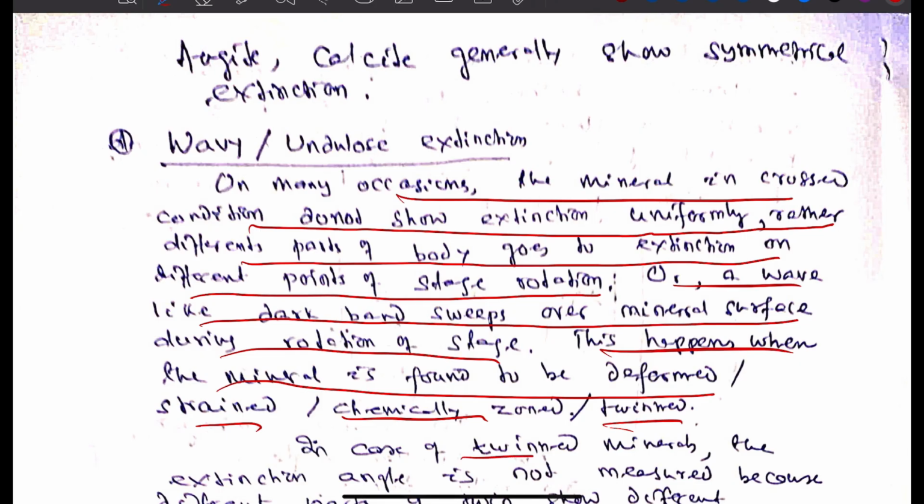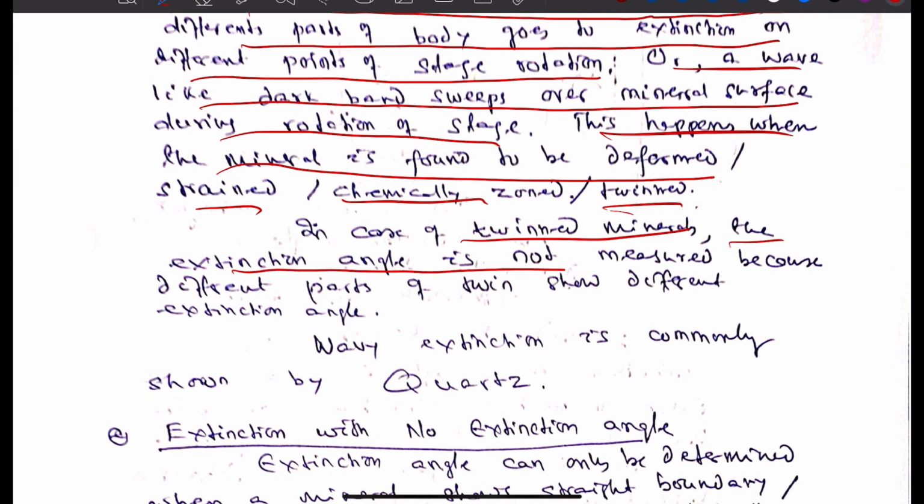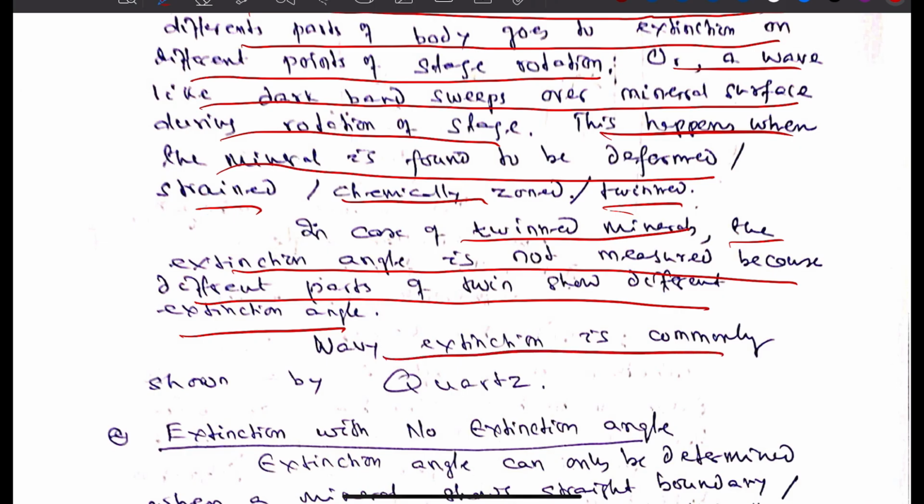In the case of twinned crystals, the extinction angle is not measured because different parts of the twin will show different extinction angles. That's why twin crystals are not studied through extinction. And OV extinction is commonly found in quartz.